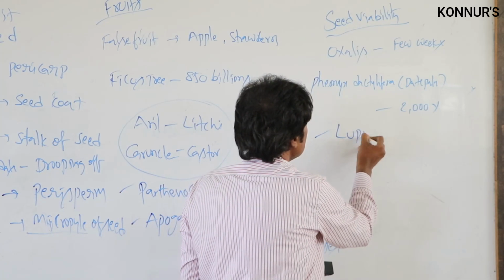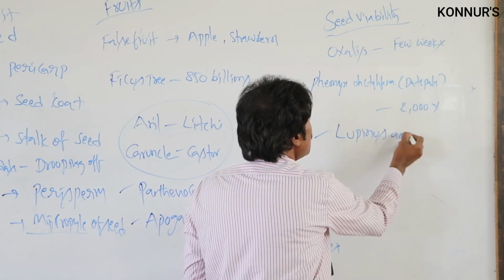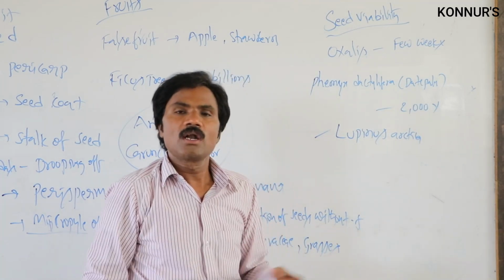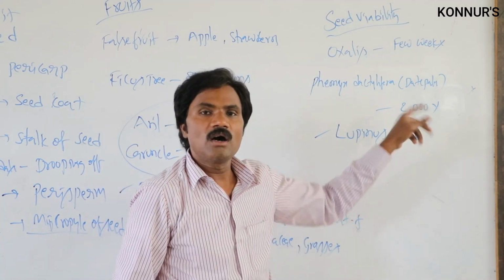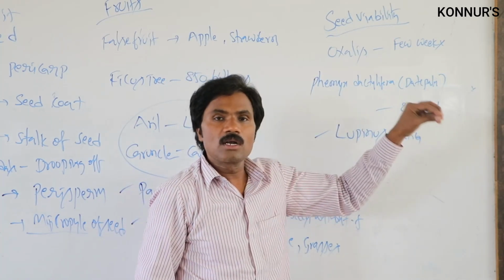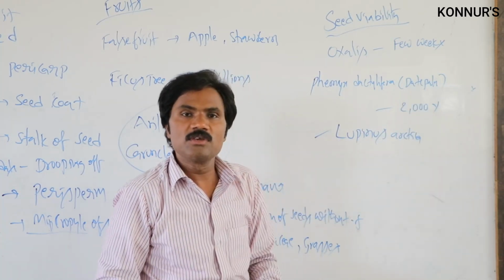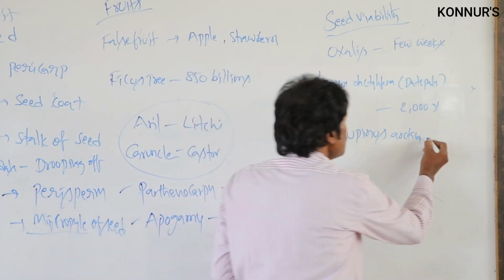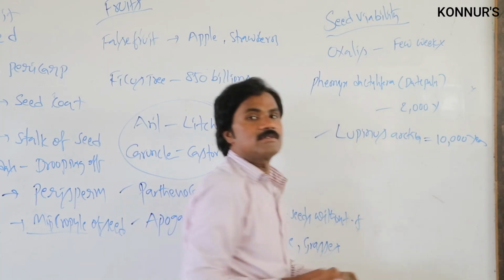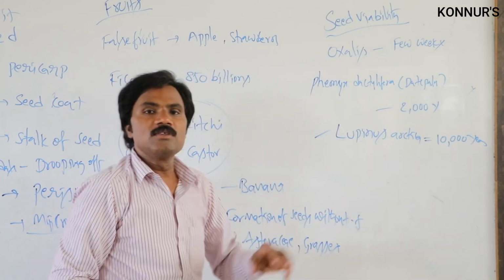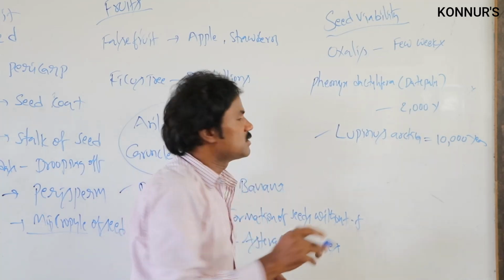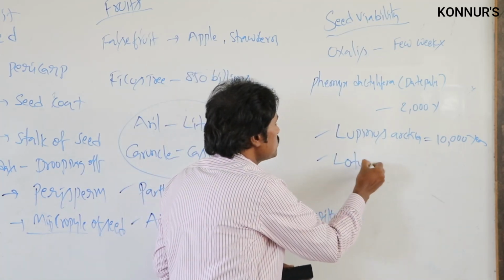Lupinus arctica is normally observed in the Arctic tundra region, and the viability of these seeds is a maximum of 10,000 years. Then what is the viability of lotus seeds?